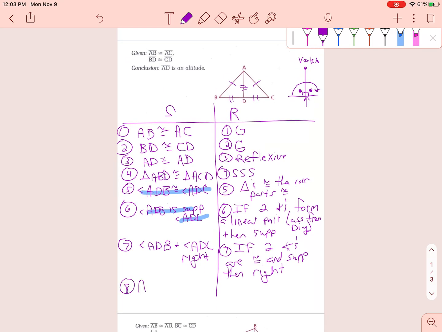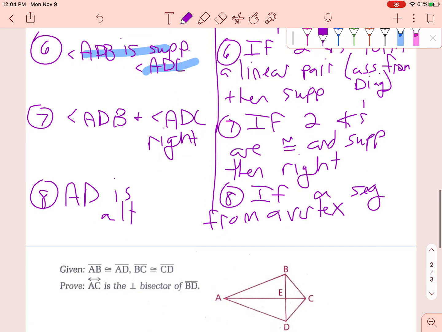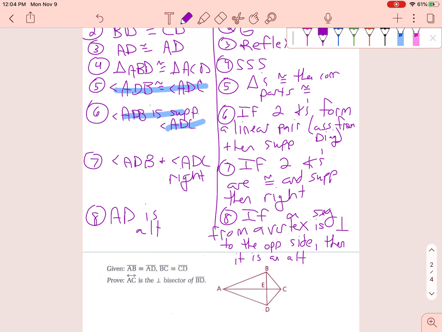Because now AD has to be an altitude, because if a segment from a vertex, which is what so many of you guys forgot on your test, if a segment from a vertex of a triangle is perpendicular to the opposite side, and it formed right angles, then it is an altitude, okay?